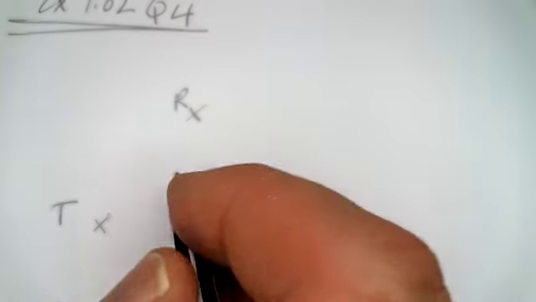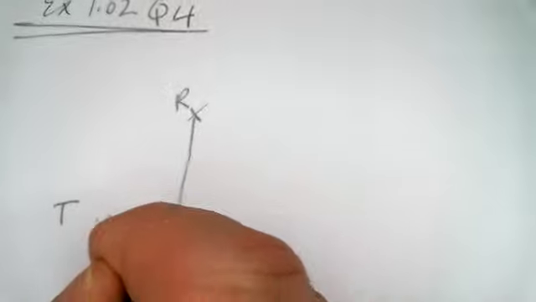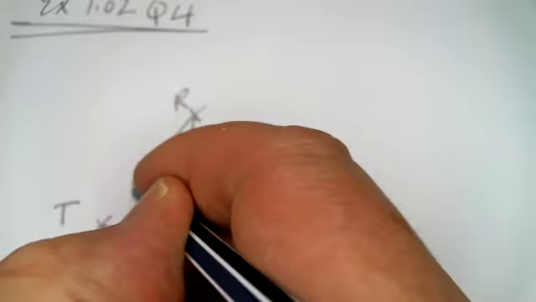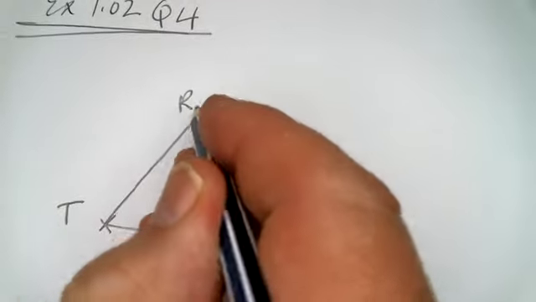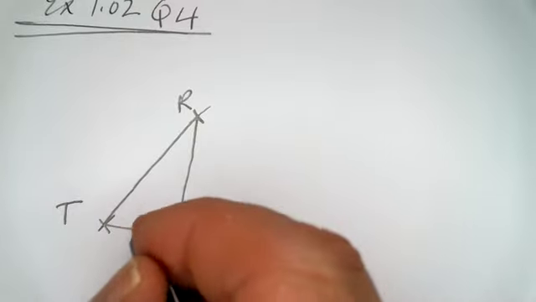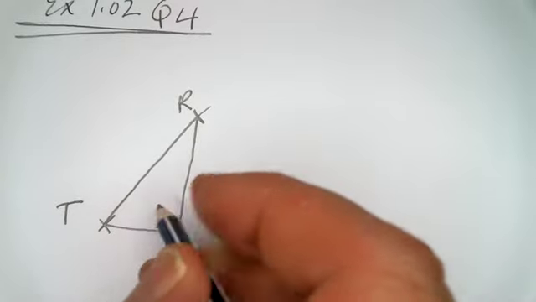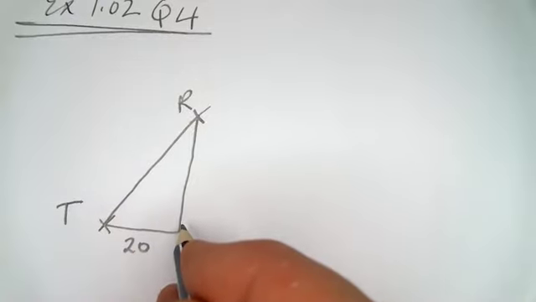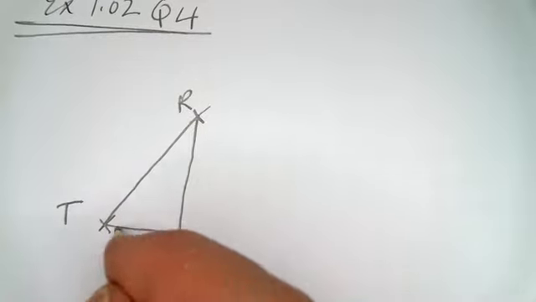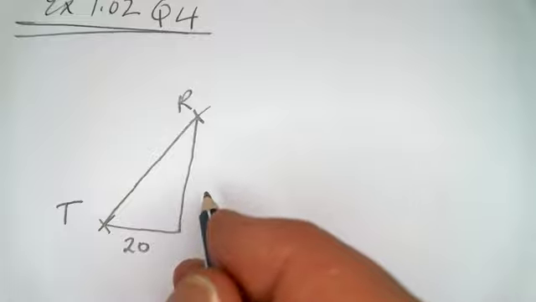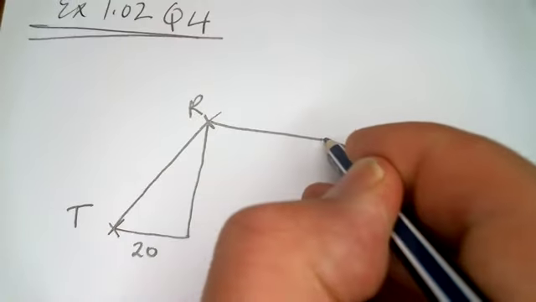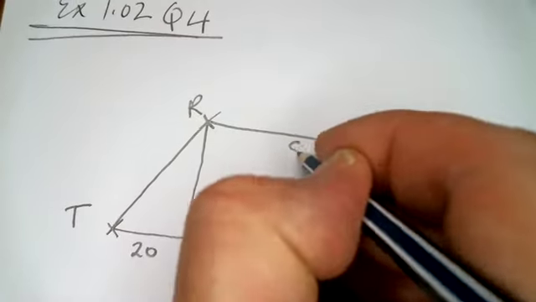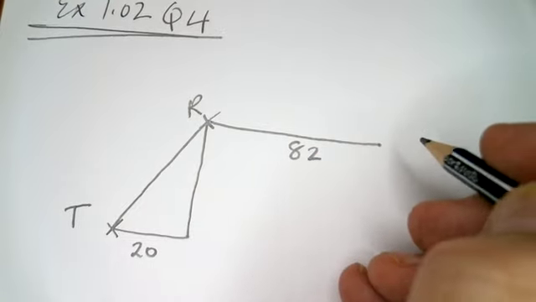It's got a series of right angles drawn here, so right angle triangle, sorry. So this is Rotorua, this is Taupo, and we're told that this distance here is 20 kilometers. Taupo's 20 kilometers west of Rotorua, and Whakatane is 82 kilometers east of Rotorua.